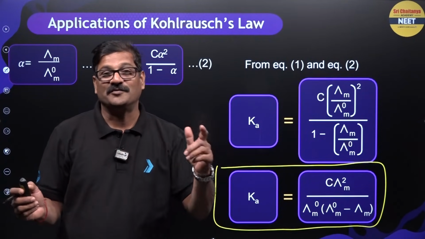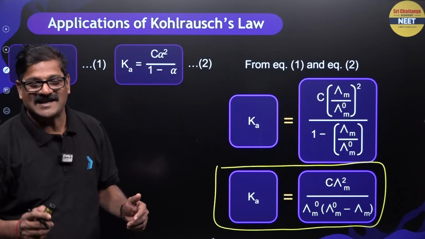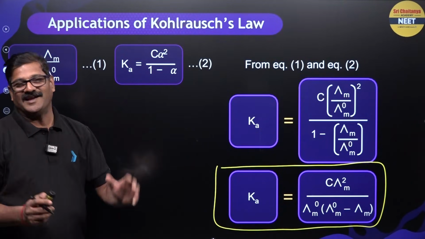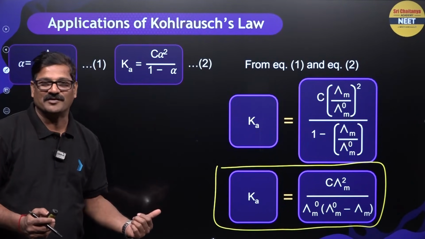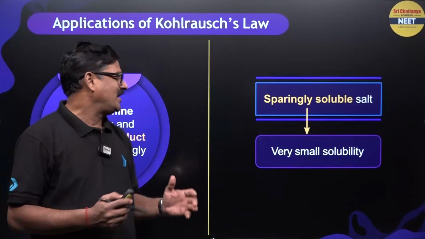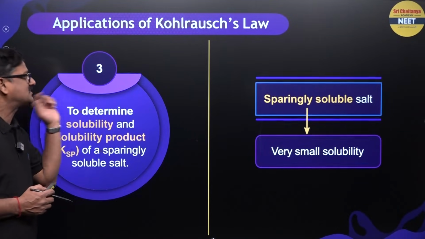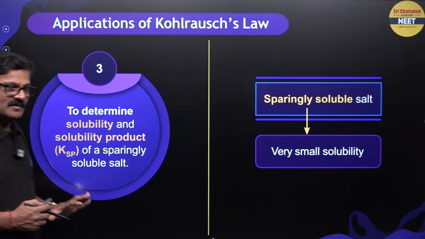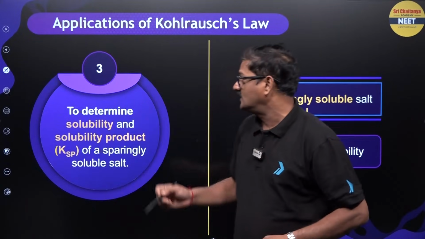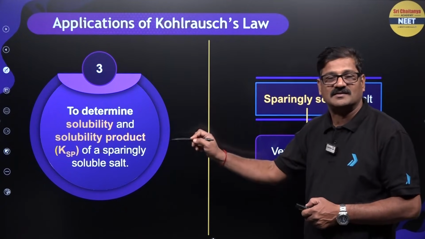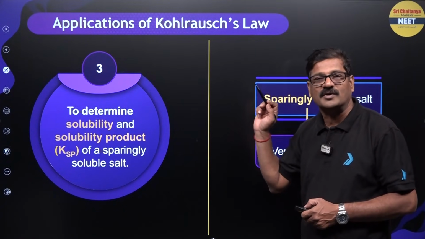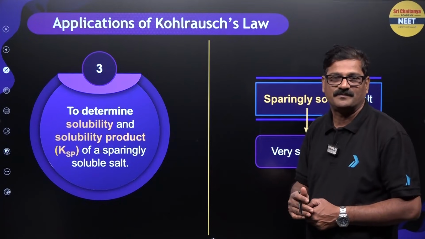And no wonder if you get the same questions in the NEET examination, and definitely our lecture right now could be very helpful for you. Also, the third use of the Kohlrausch law is that it is used to determine the solubility and solubility product of sparingly soluble salts.